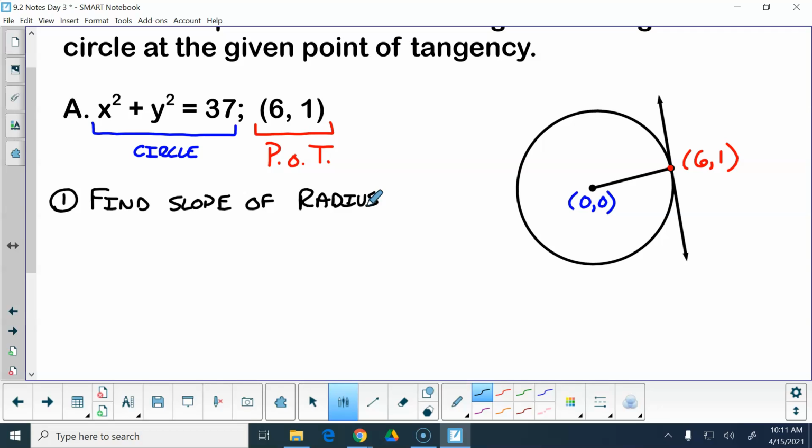So the slope here is going to be 1 minus 0 over 6 minus 0. So I get a slope of the radius of 1/6.